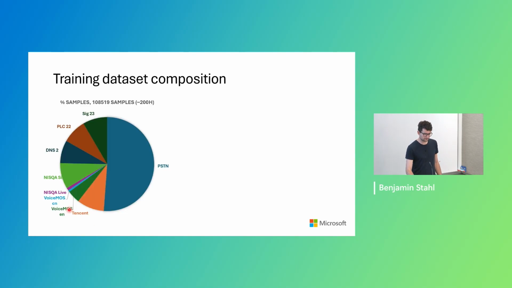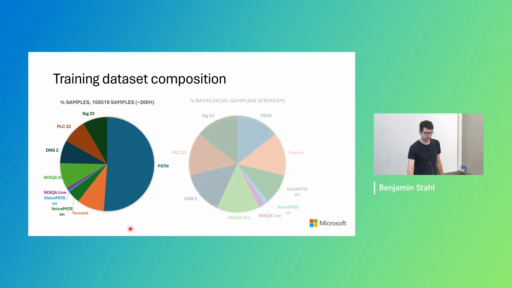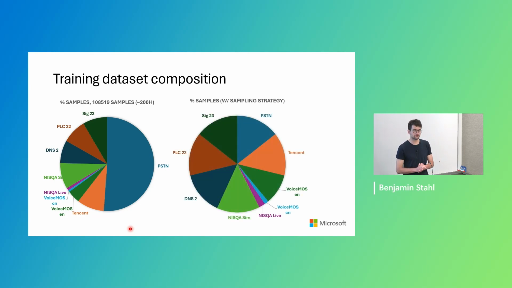This shows the percentage of the training data, and as can be seen, this is quite an unbalanced percentage. For example, PSTN is more than half of the data here. That's why for training I used a sampling scheme where I changed the distribution a little bit.